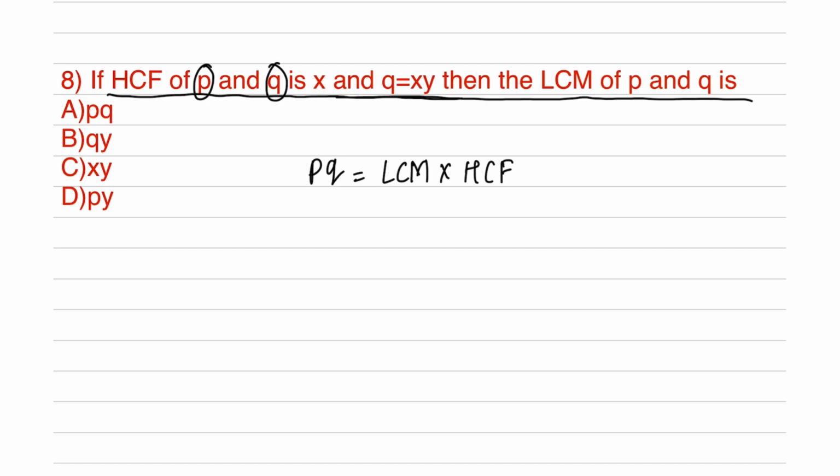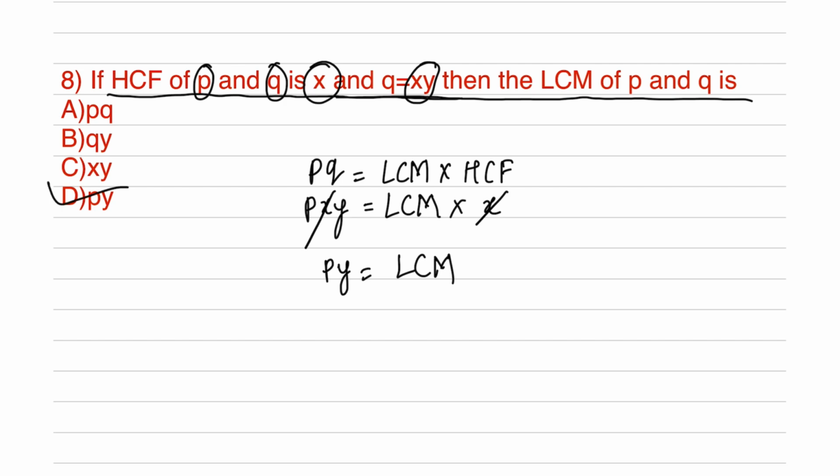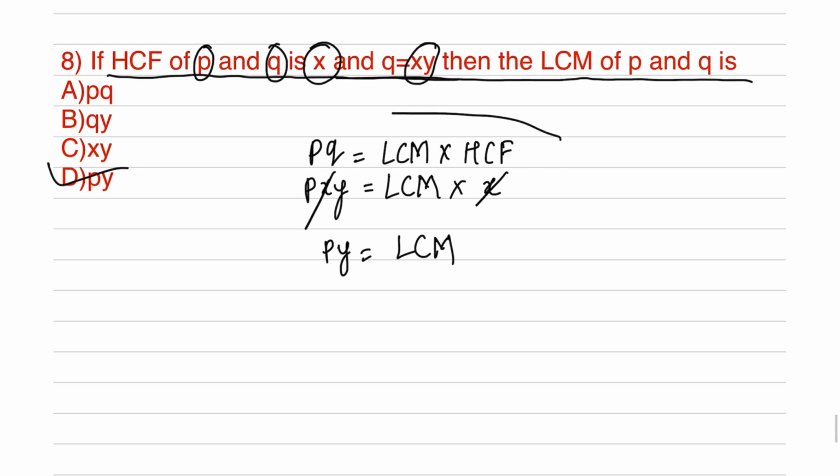But here Q means X into Y. So P X Y equals LCM, which we have to find, and they have given HCF as X. So here X gets cancelled. So PY is the LCM. Option D is the right answer. That's why I told you to remember this formula, because it is commonly asked in every exam.